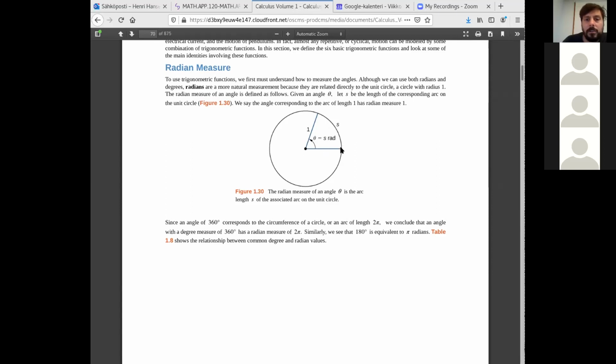When we're dealing with the unit circle, this angle is measured in radians, and the radian measurement means in fact the length of this arc at that angle. So it's how far along the circumference we've traveled. The full circle is 2 times pi, which is the whole circumference of the unit circle, the unit circle having a radius of 1.